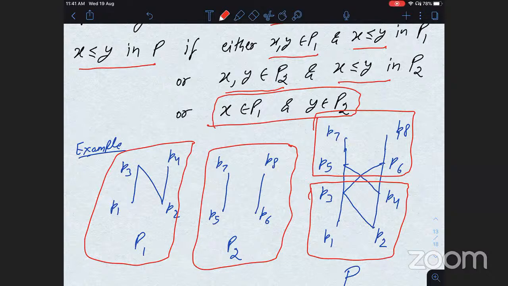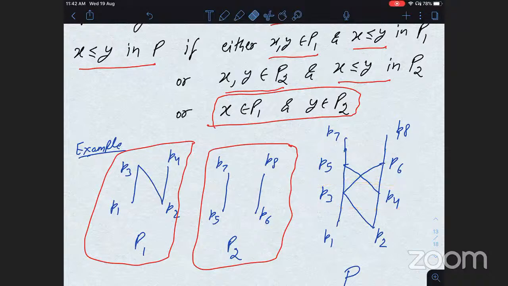So in other words, it is enough to make the relation between the maximal elements of P1, which are here P3 and P4, and the minimal elements of the poset P2. So there is an edge between all the maximal elements of P1 and all the minimal elements of P2. Sorry, let me just clarify it.